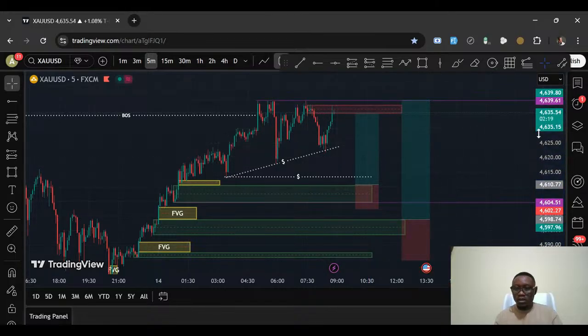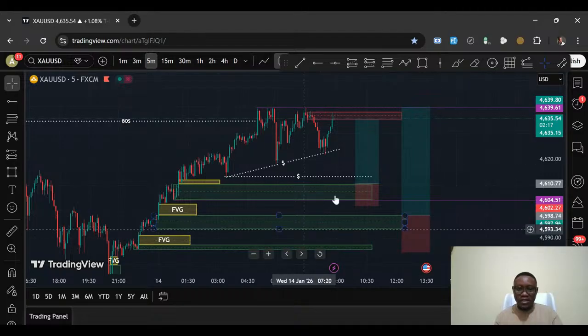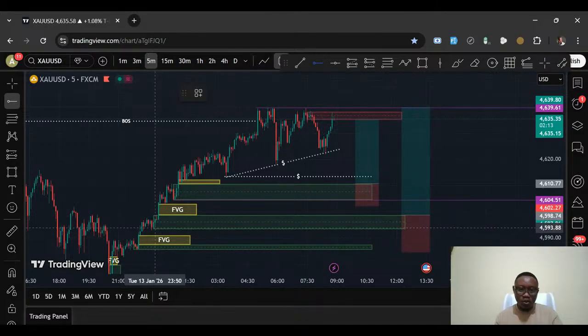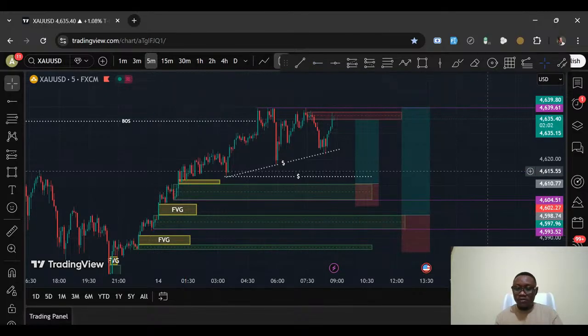And don't forget your SL should be slightly below the swing low, because if price breaks below the swing low, it simply means the zone has been invalidated.